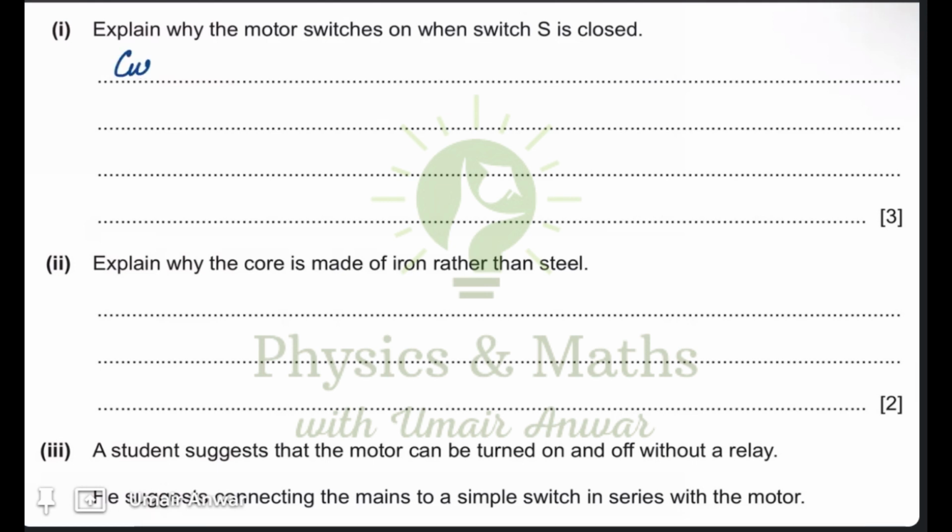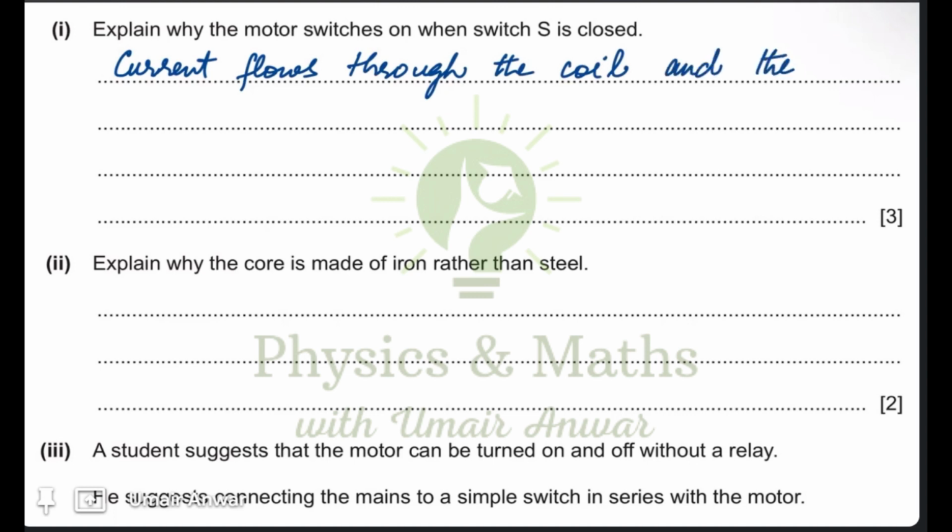So number one, current flows through the coil and the core is magnetized. So when it is magnetized, it attracts the iron armature.